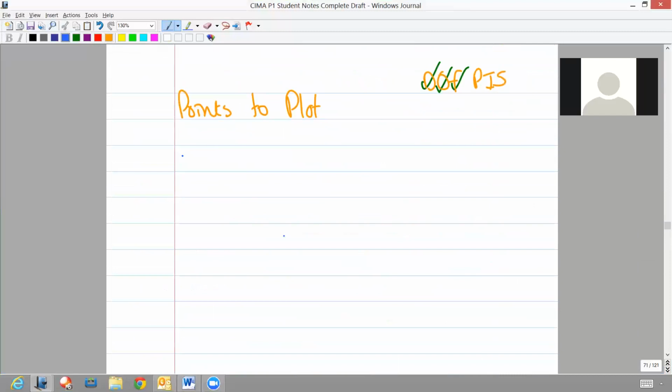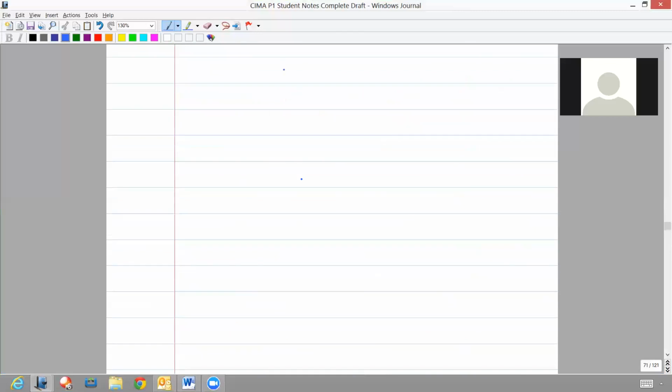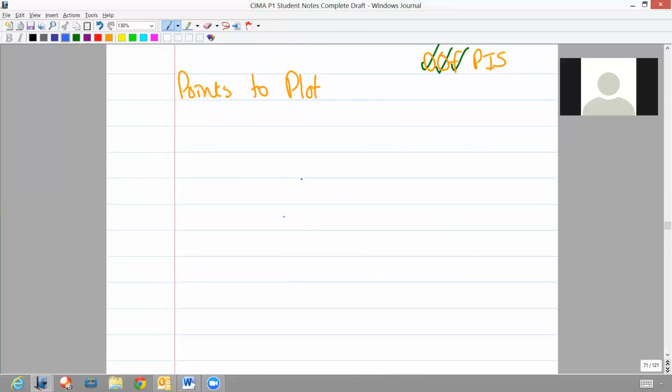So you need to take each constraint in turn as you've formulated them. First of all, we need to take department A, 8x plus 10y is equal to or less than 11,000 hours. So you simply write that back down.